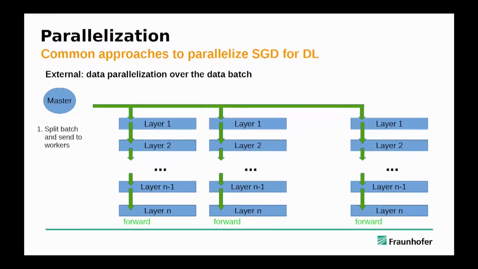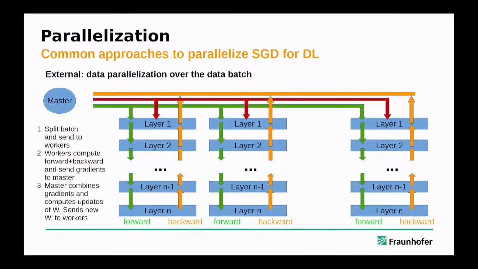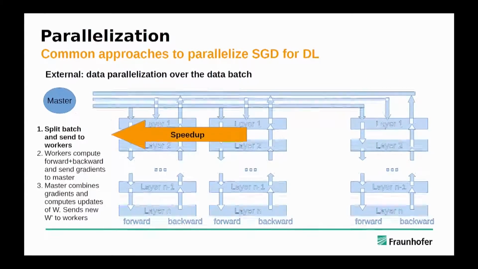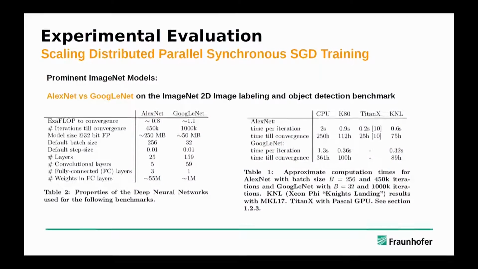You feed forward, you compute your local gradient, the local gradient is sent back to the master, and the master accumulates the model and then distributes the model to all workers, and you make the next step. Very simple, very effective, but unfortunately, the speed up comes only from data parallelism. So you would expect this to be scaling linearly. If I can split my data, pure data parallelism should work perfectly, but this is not the case.